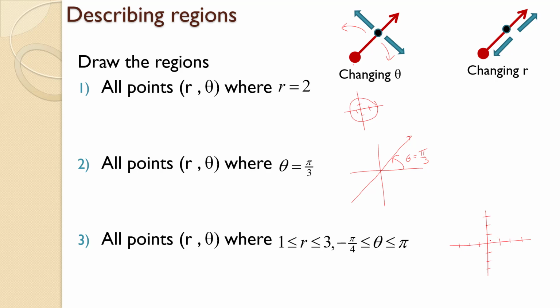The angle is from negative π/4, this would be right here along this line, up to π, that would be this line. So the region is in between this because it rotates this way. But the radius is between 1 and 3, so it's from this circle to this circle.